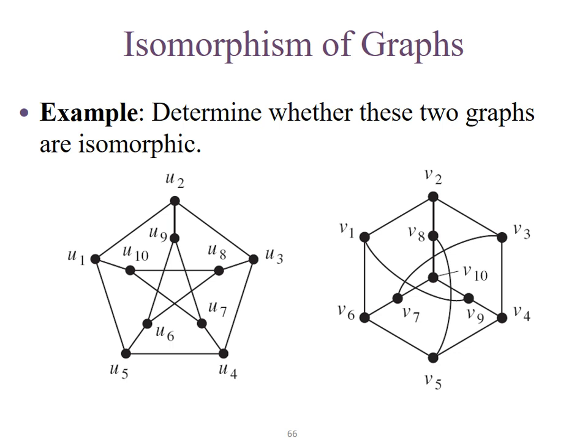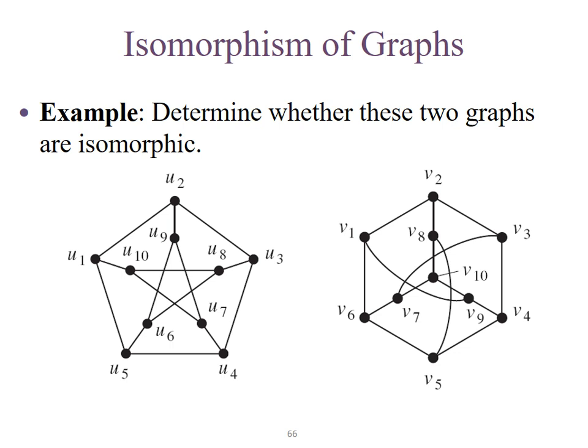Let's give it one more try. Raise your hand if you think that they are isomorphic. One, two, three, four, five. Okay. So raise your hand if you think they are not isomorphic graphs. Okay. Almost about the same numbers.